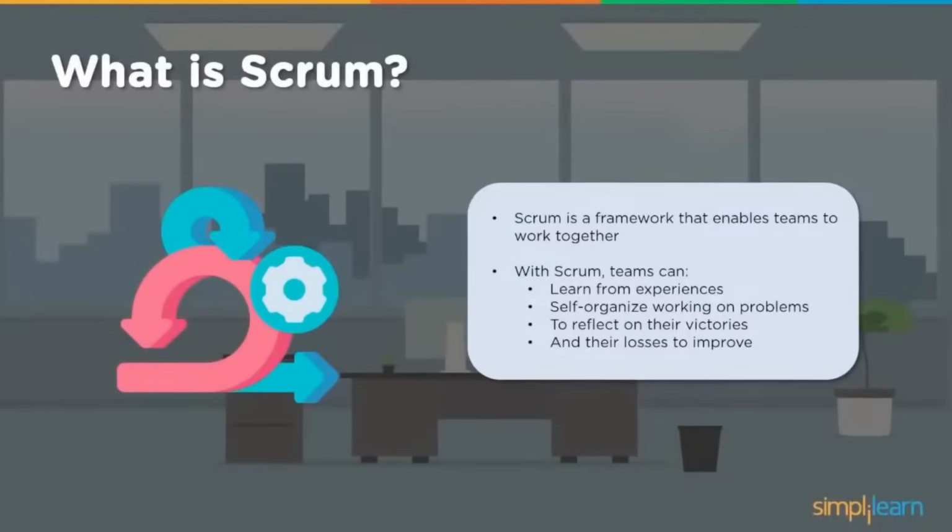They self-organize, working on problems together. They discuss, brainstorm, and reflect on their victories. Any achievements have to be celebrated, acknowledged, quick wins recognized, and their losses used to improve. Wherever things don't go well, necessary corrections have to be made. I think the Scrum approach helps in doing it quicker and better.